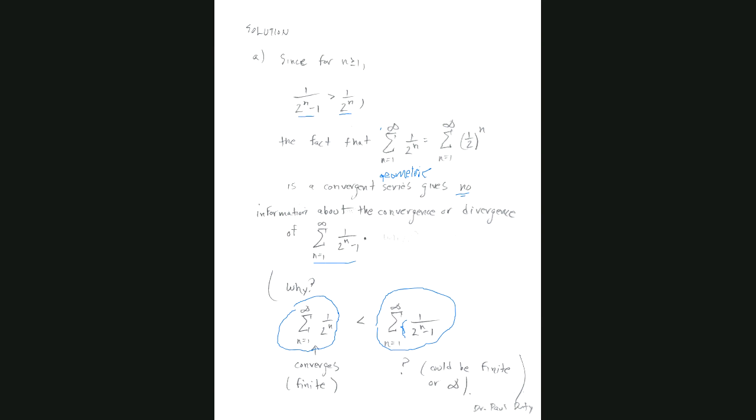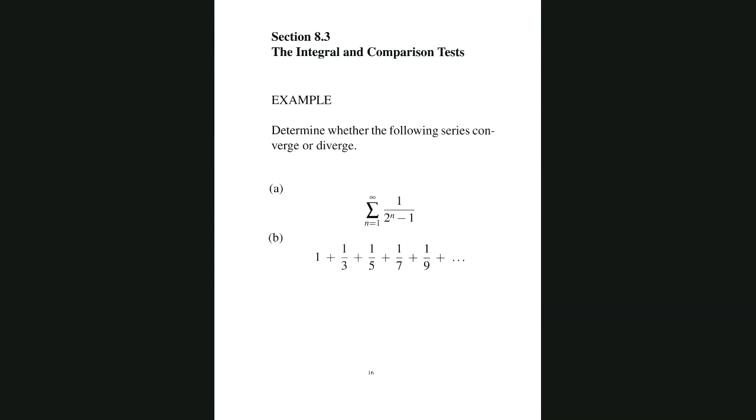So what are we going to do? Since the comparison test didn't work, we could try the limit comparison test, because intuitively we still feel that our series converges. When n is large, that minus 1 doesn't influence the series, so our series behaves like a convergent geometric series.